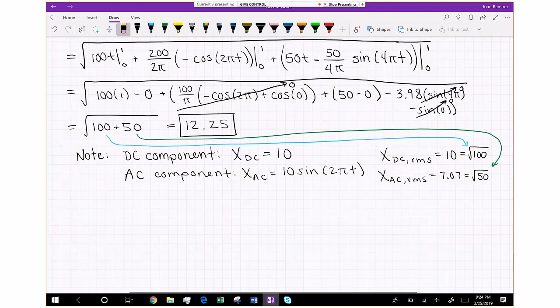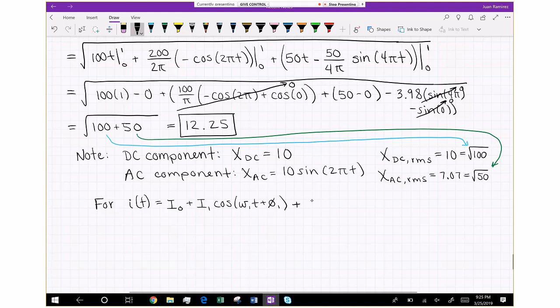Let me show you what that looks like. So if you have a current signal, and this of course goes for voltage signals as well, and it has, let's say, a DC component, and then it has an AC component, I1 cosine of omega 1t plus phi 1.